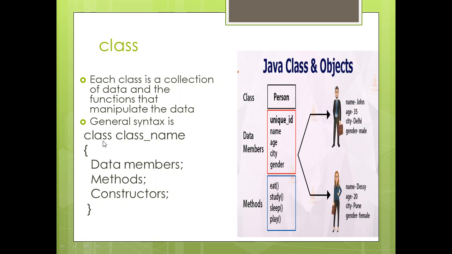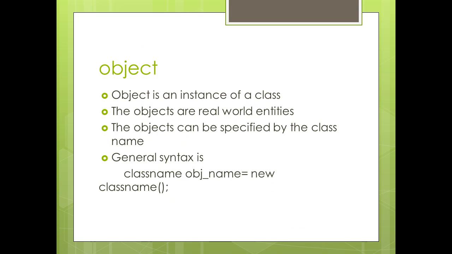Here class is in small letters because Java is a case sensitive language, so we have to consider this. And we will have data members, methods and constructors. Each class has a basic constructor, which is invoked after creating the object.